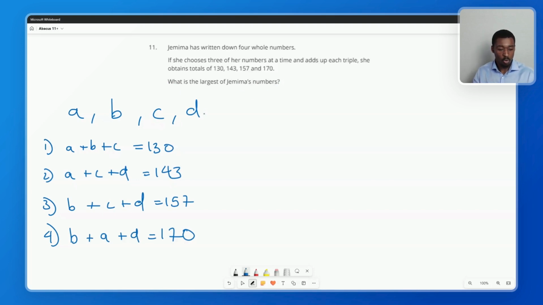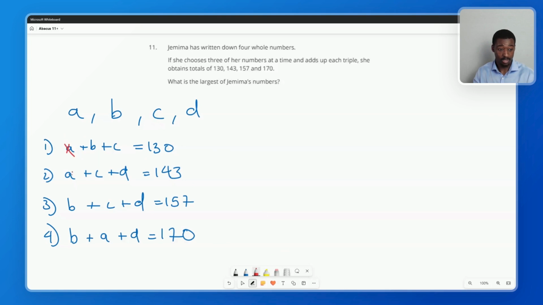Well, what we can do here is, if we look at these equations very closely, we can see that there are some shared elements between some of the equations. What do I mean by that? So let's take 1 and 2, for example. A plus B plus C equals 130, but A plus C plus D equals 143. Both 1 and 2 have A, put it in red.